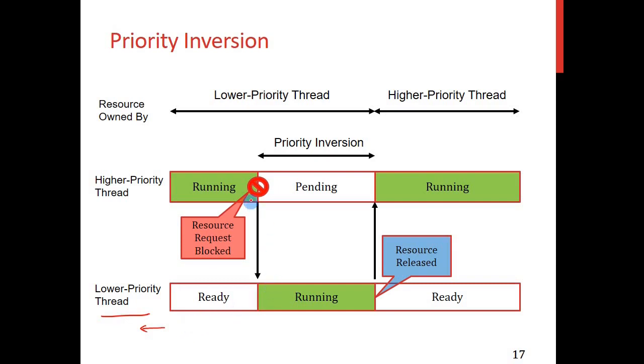When the high priority thread tries to acquire it, it becomes blocked, and so the low priority thread will run. Only when it completes and releases the resource can your higher priority thread resume. So you can see that this whole duration where a low priority thread is running, blocking a high priority thread, is what we call a priority inversion problem.